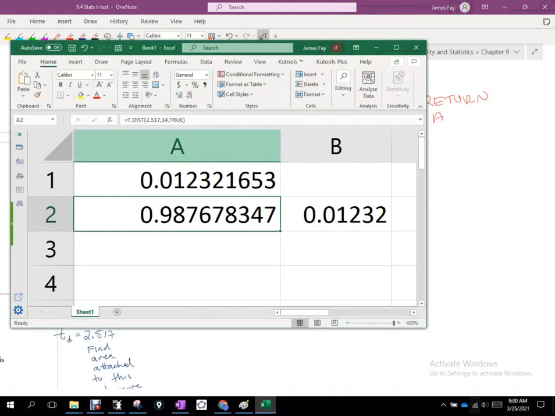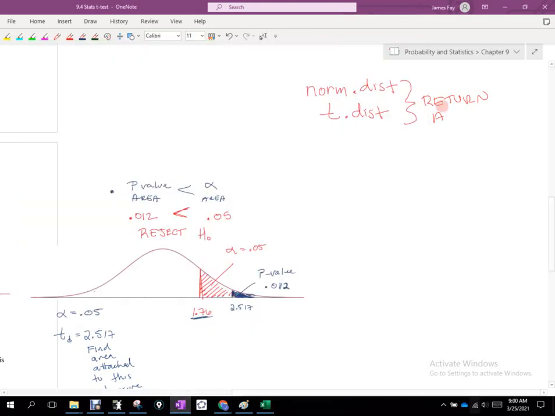These values here are areas, so those are going to return areas, and the input is ultimately a standard deviation, because that's what this curve is, right? That's saying 0, and basically we're saying that our sample data was 2.517 standard deviations away from the mean of 0.